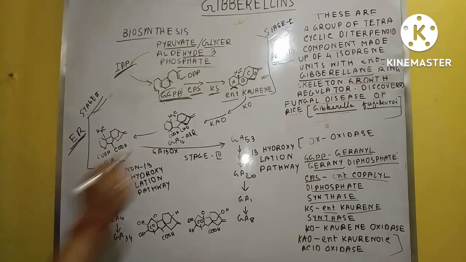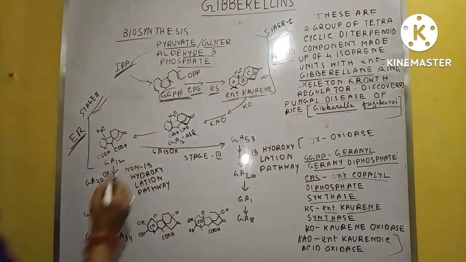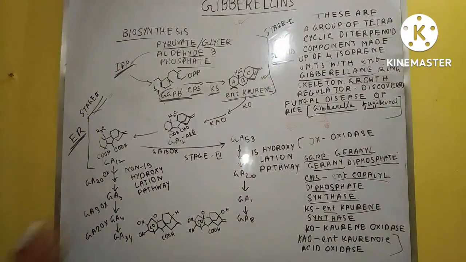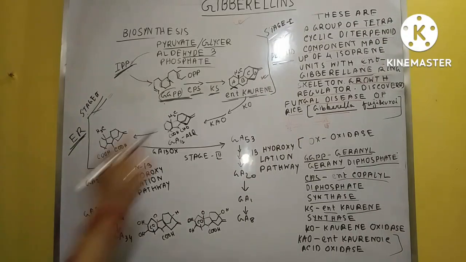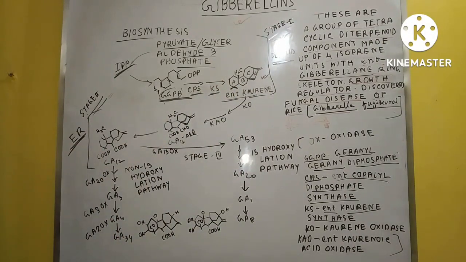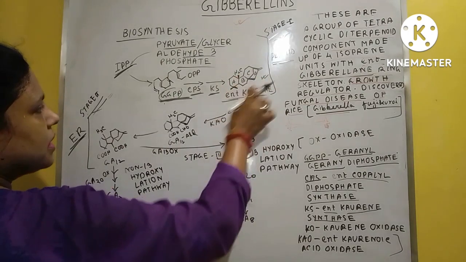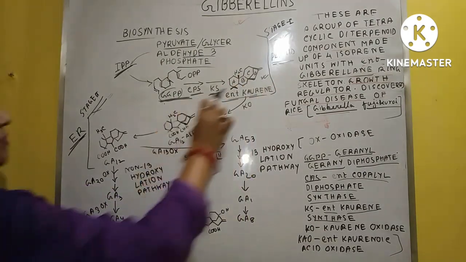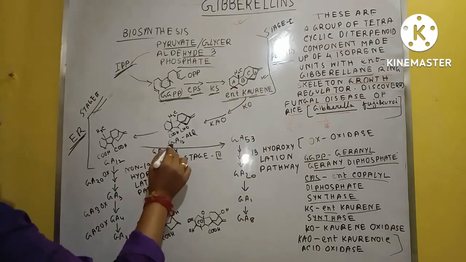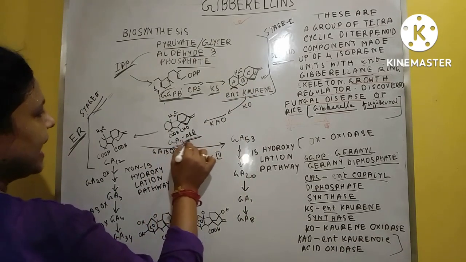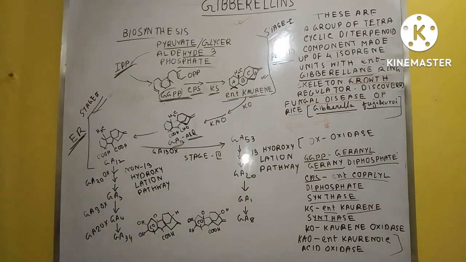After the formation of ent-kaurene, it enters the endoplasmic reticulum, and there its conversion is possible into GA12-aldehyde.